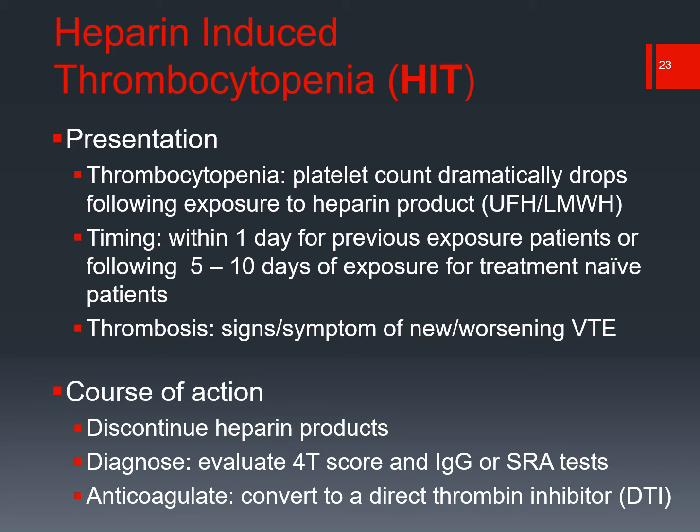They were on heparin or low molecular weight heparin to treat an existing clot, in which case we do still have to anticoagulate that patient in order to prevent that clot or these new clots from getting larger, and we do typically convert directly to a direct thrombin inhibitor. So we will be familiar by the end of today with how we manage these patients that experience HIT.